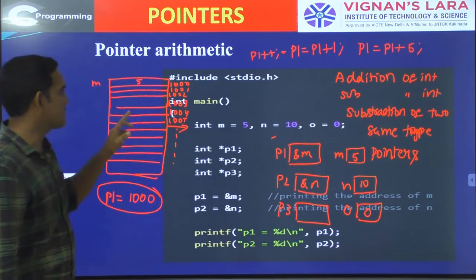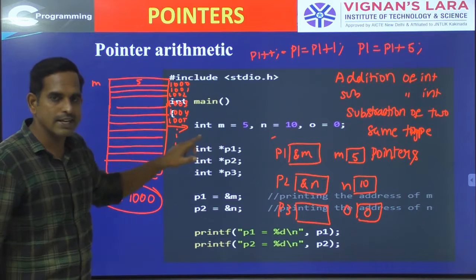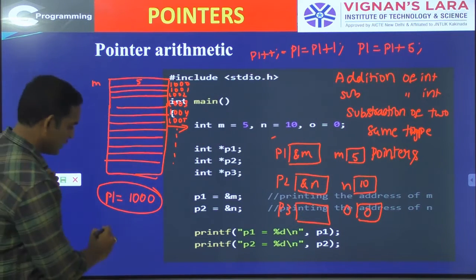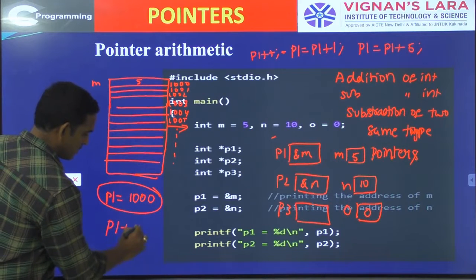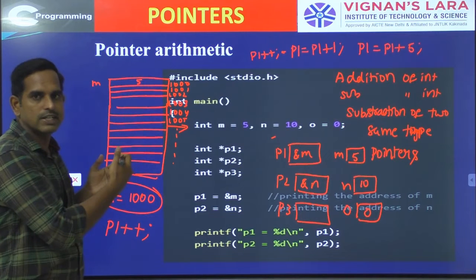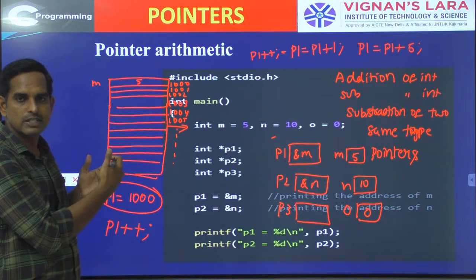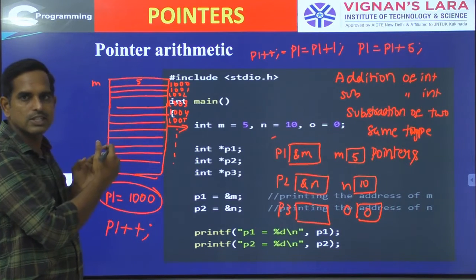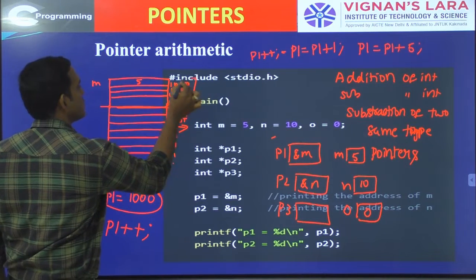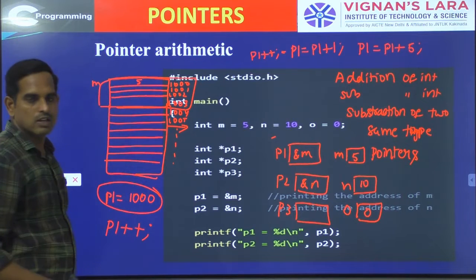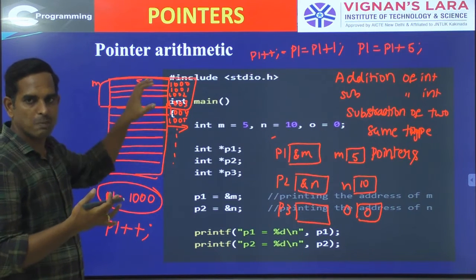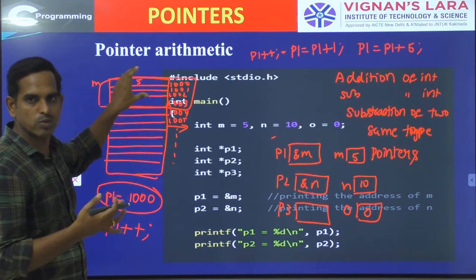Since this is an integer pointer which is pointing to an integer, when I increment it, it will point to the next integer in your memory. Your M will occupy 1000 to 1003, because it is 4 bytes of memory if you are using a 32-bit machine.